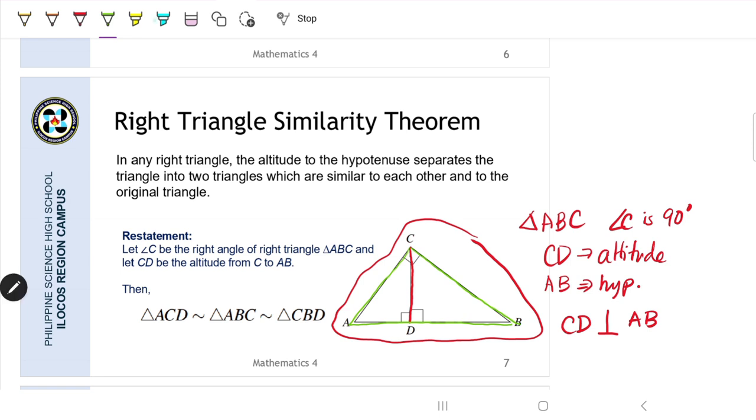Another triangle, we have here triangle ACD. And the last triangle, we have here triangle CBD. Those three triangles are considered similar by the right triangle similarity theorem, or what we call RTST.